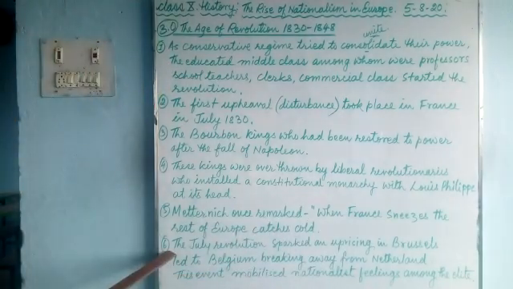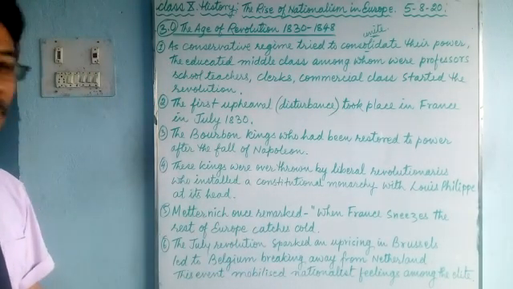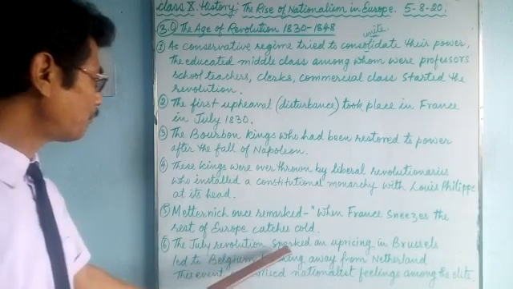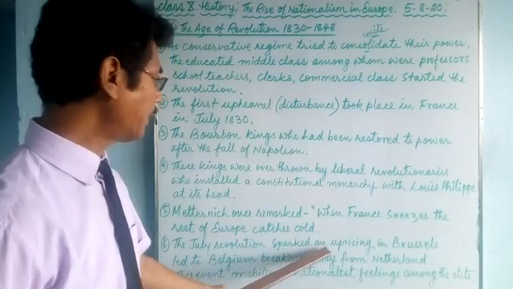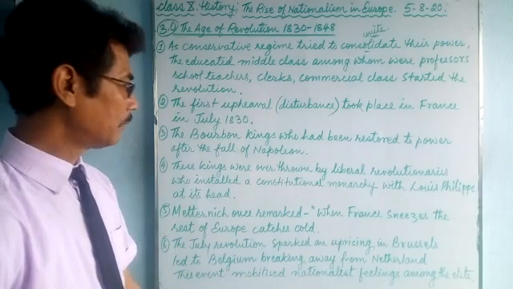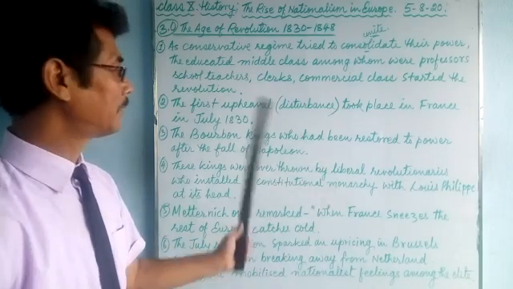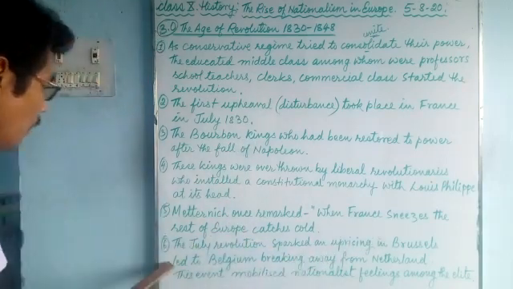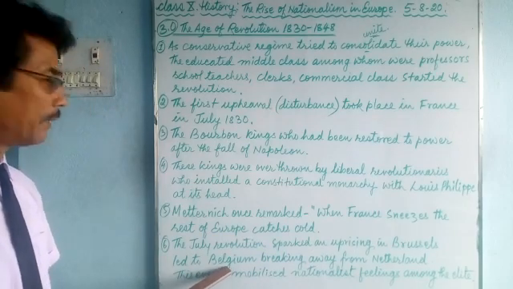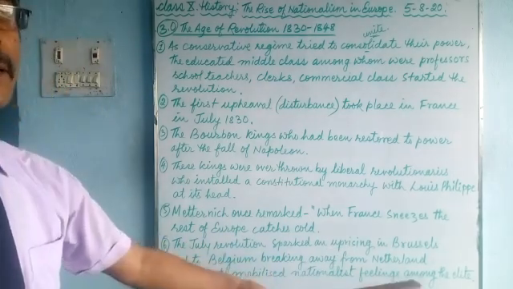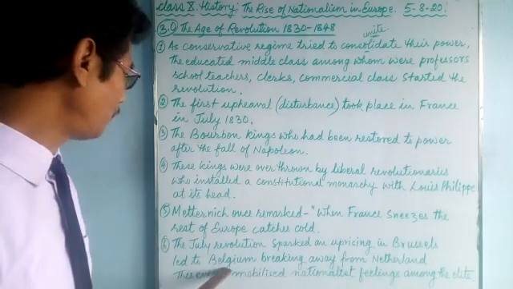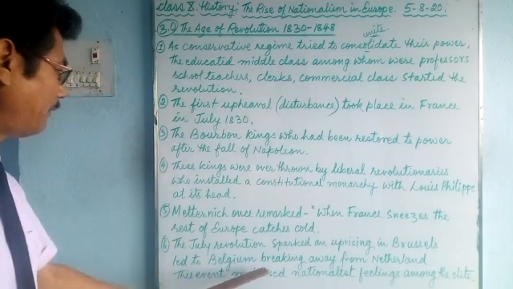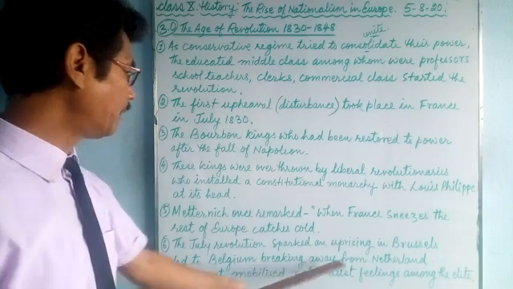The July Revolution started an uprising in Brussels, by the educated middle class. The uprising in Brussels led to Belgium breaking away from the United Netherlands and becoming independent.